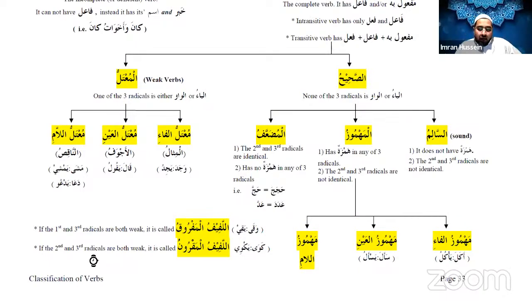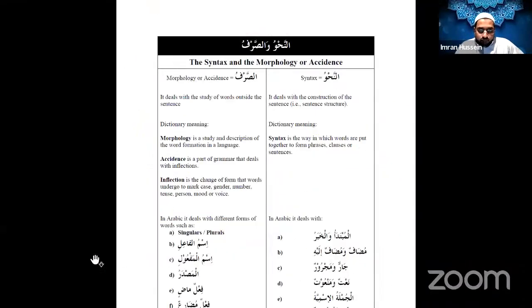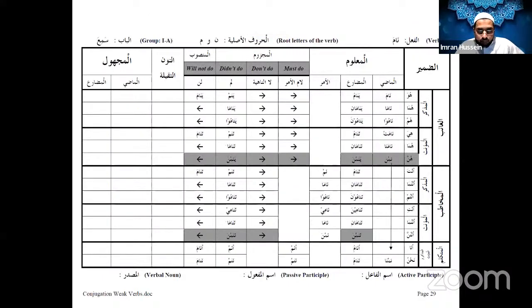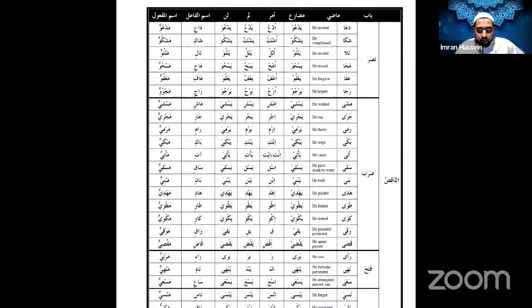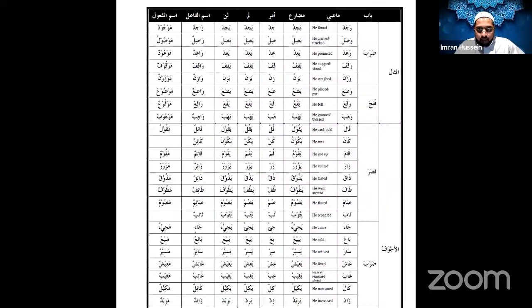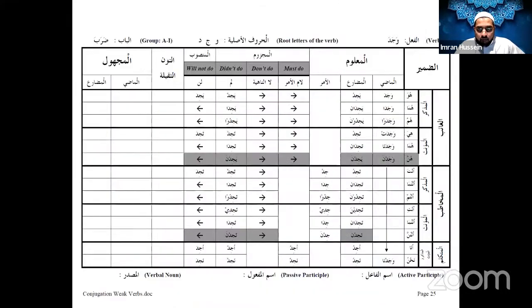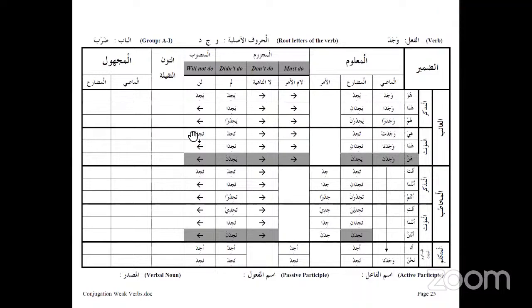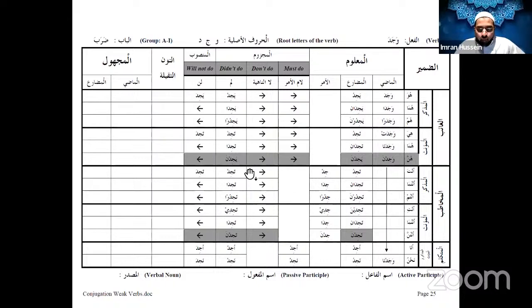Now, I want to practice some of these weak verbs with you. Sister Sharabano, Bismillah, come on the mic. I want you to conjugate wajada for me, please, in the past and present tense.